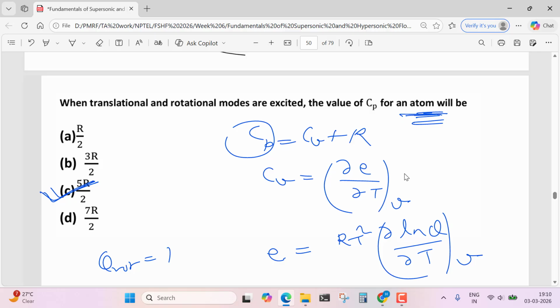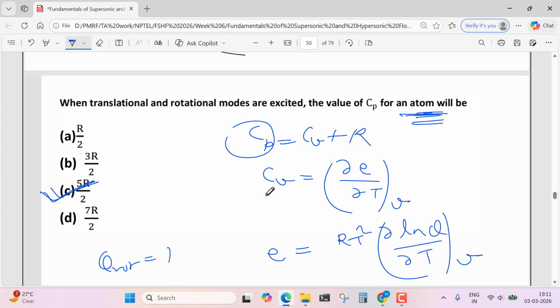When translation and rotational energy modes are excited, the value of Cp for an atom will be: A, R by 2; B, 3R by 2; C, 5R by 2; and D, 7R by 2. So we have to find Cp. Cp equals Cv plus R, and Cv is given by dou E upon dou T at constant volume. Now I told you before that it will be used for finding the different properties.